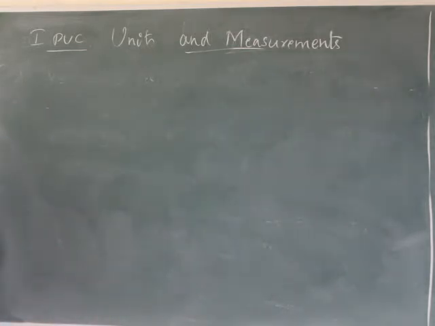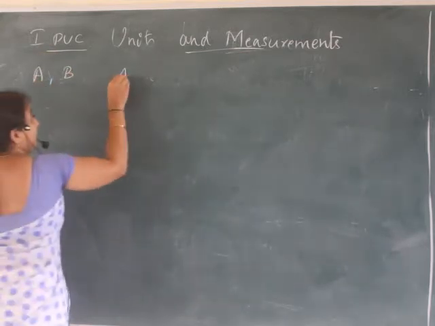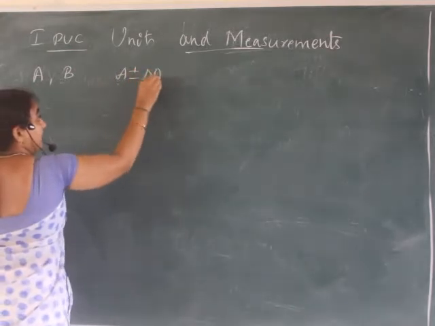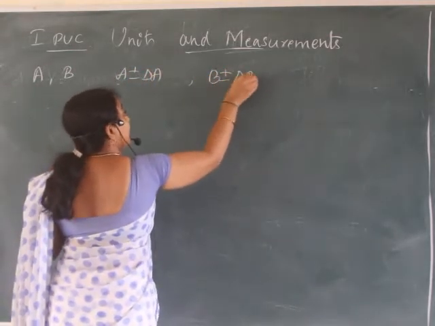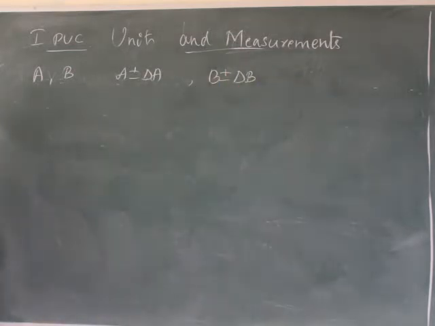Let's suppose two physical quantities A and B have the measured values A plus or minus delta A and B plus or minus delta B. Is this fine? Here delta A and delta B are the absolute errors. We wish to find the error delta Z in the sum.